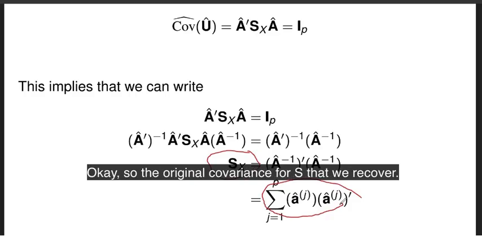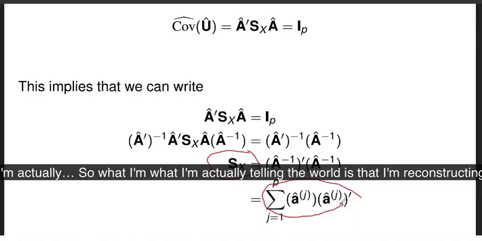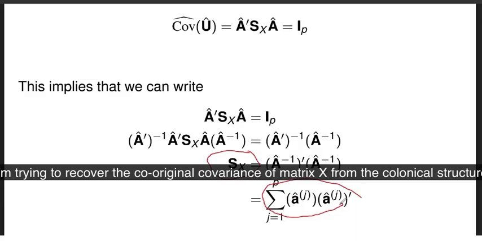Okay, so the original covariance for S that we recover from the canonical is a very fine structure. It's different from the one that you did not actually get through that. What I'm actually telling the world is that I'm reconstructing, I'm trying to recover the original covariance matrix of X from the canonical structure.